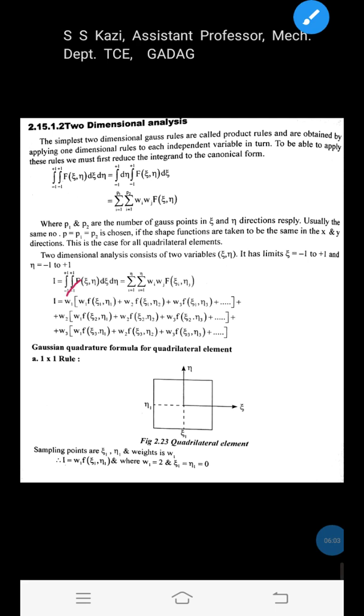Now this can be written as I equal to w1 into bracket w1 f of zeta 1 neta 1 plus w2 f of zeta 1 neta 2 plus w3 f of zeta 1 neta 3, plus w2 into bracket w1 f of zeta 2 neta 1 plus w2 f of zeta 2 neta 2 plus w3 f of zeta 2 neta 3. You keep zeta constant and change neta values 1, 2, 3 and so on, plus w3 into bracket w1 f of zeta 3 neta 1 plus w2 f of zeta 3 neta 2 plus w3 f of zeta 3 neta 3, and so on.